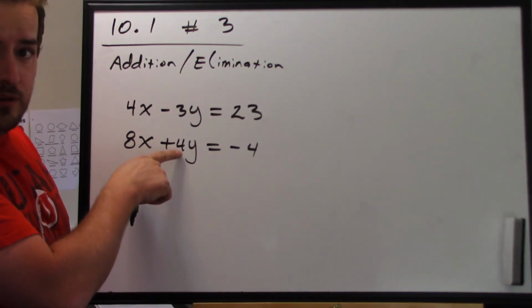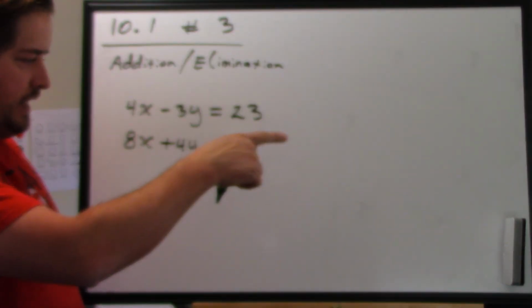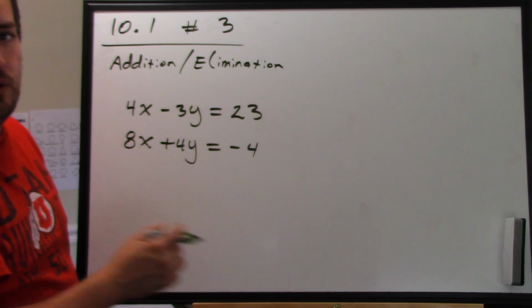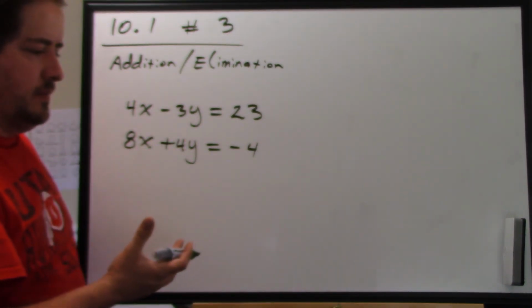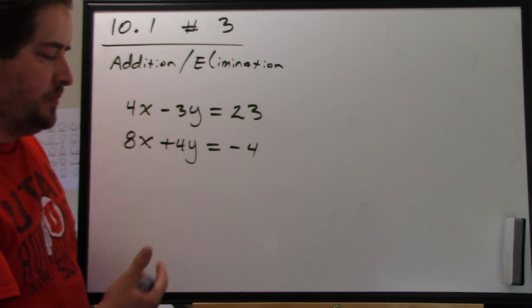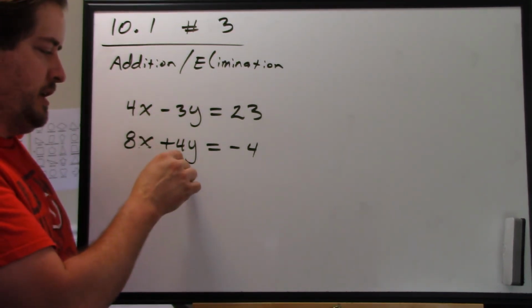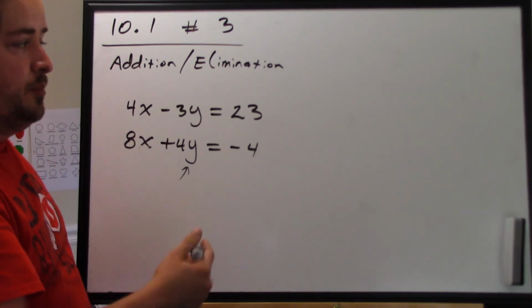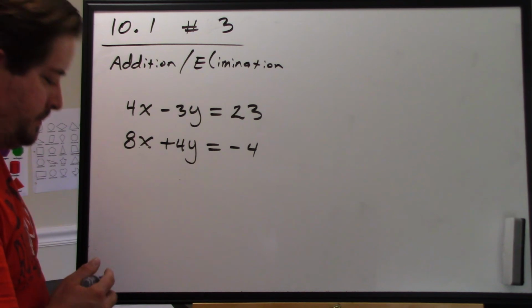And if it were me, most likely it would be this y in the second equation, because I move the 8x over, divide everything by 4, and I avoid fractions. But if I try to solve for any other variable, I'm stuck with fractions, right? So if you want to do this with substitution, just for the fun of it, I would probably solve for that y first. But it says to do it by elimination, so we're going to do it by elimination.